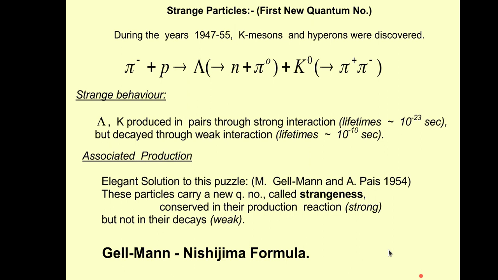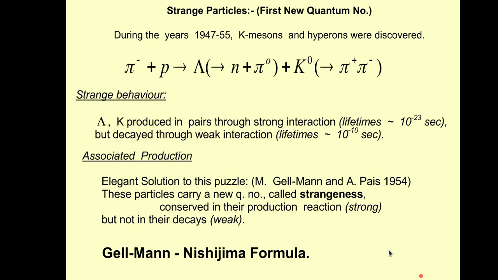But when lambda is decaying to p and pi minus, or n and pi 0, or K0 is decaying to pi plus pi minus, they are decaying to non-strange particles. So that is why in their decay process, strangeness is not conserved. I am spending time on this sheet, making you aware that not all of these quantum numbers are conserved.